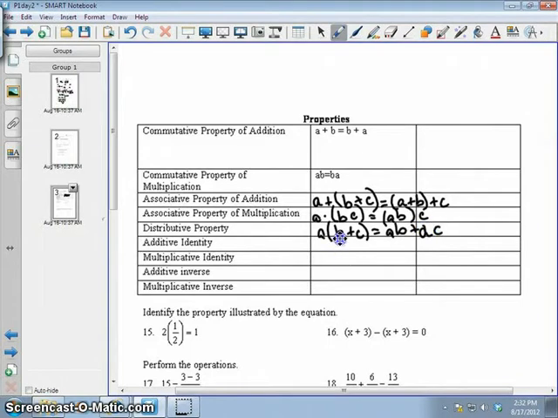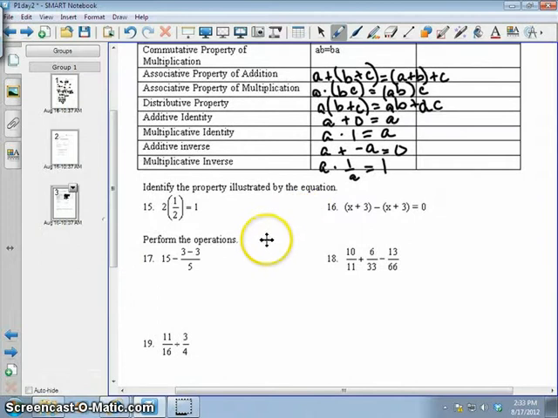The additive identity says that when you add 0 to any number, you get that same number. The multiplicative identity says when you multiply by 1, you get the same number. Additive inverse, when you add opposites, you get 0. And the multiplicative inverse, when you multiply by reciprocals, you get 1. So that says a times 1 over a equals 1.